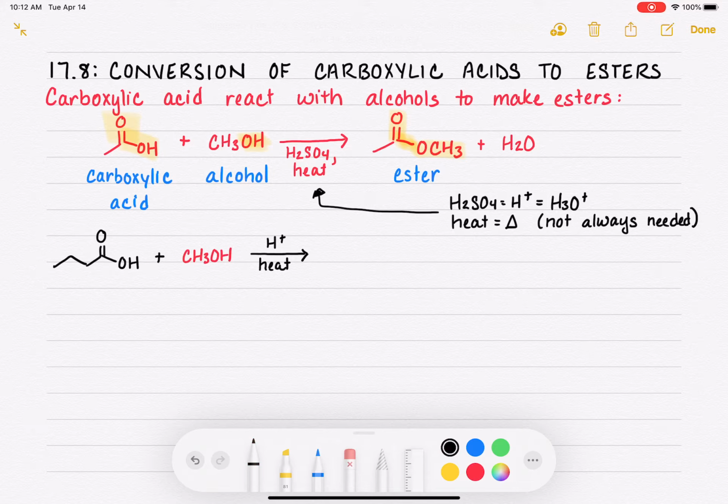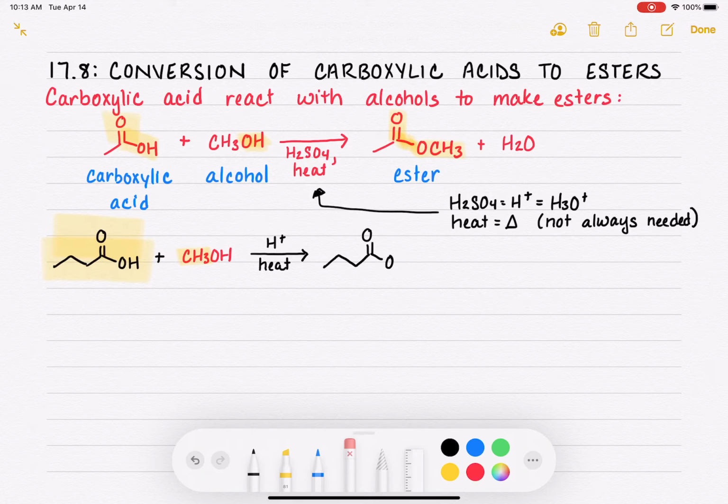So for this reaction, when you're predicting the products of the reaction, I want you to start by drawing the carboxylic acid, everything except for that very last hydrogen. So we're drawing everything except for that last hydrogen. And then in the place of that last hydrogen, we're going to add the carbon chain of the alcohol. Just like that.